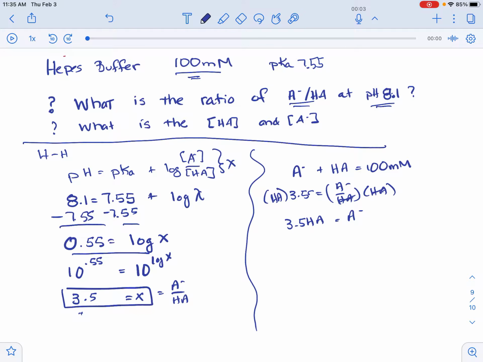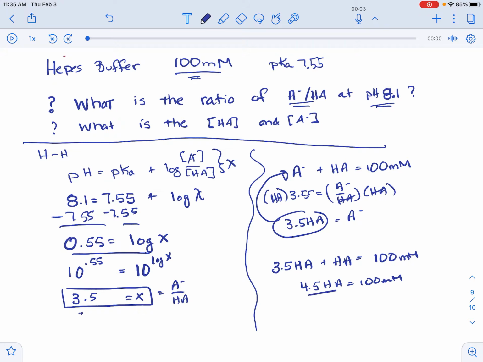So I can take this and substitute it in here because it's the same as A minus. So it would be 3.5 HA plus HA is equal to 100 millimolar. That is 4.5 HA.